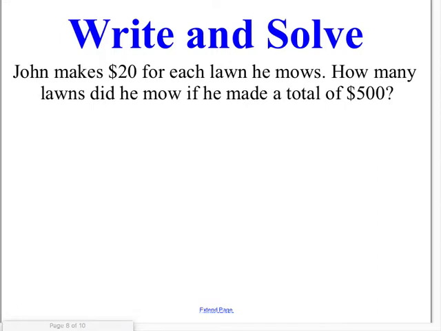Another thing that we need to do is write out the equation and then solve the problem. So for example, John makes $20 for each lawn he mows. How many lawns did he mow if he made a total of $500?